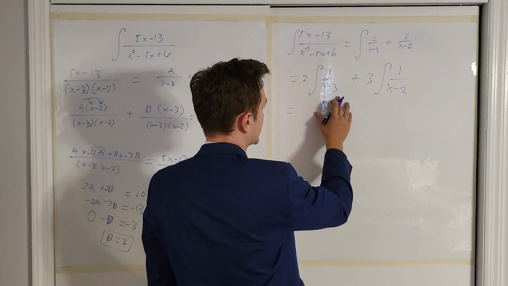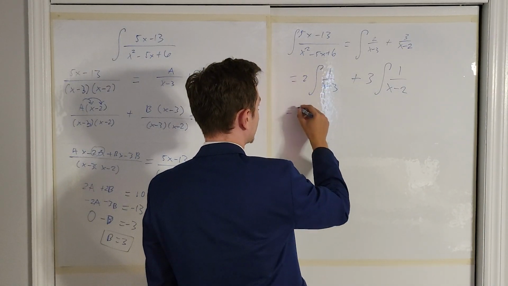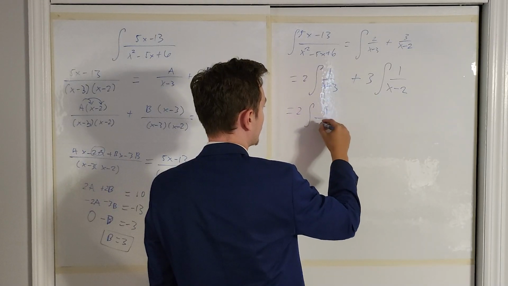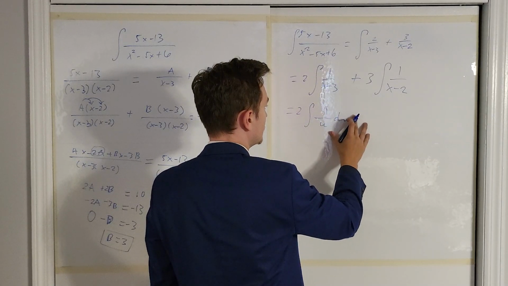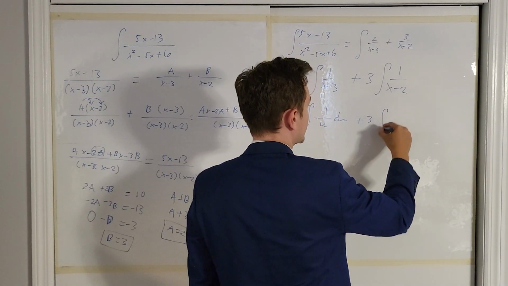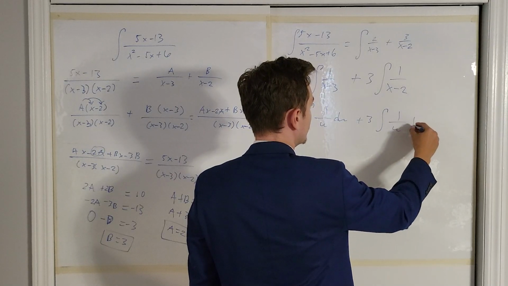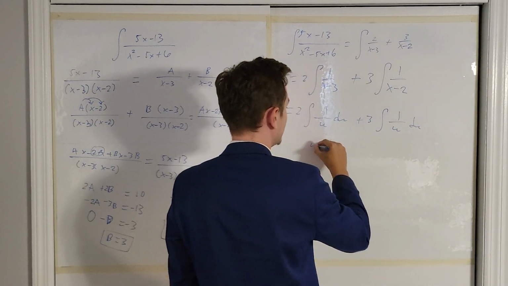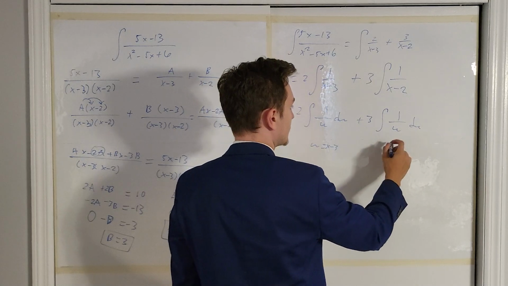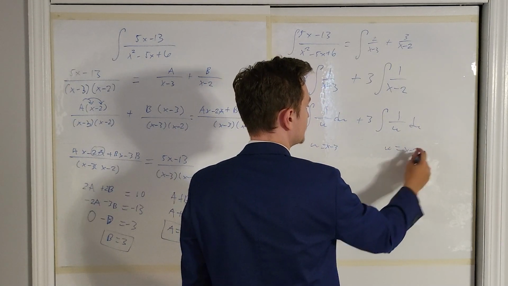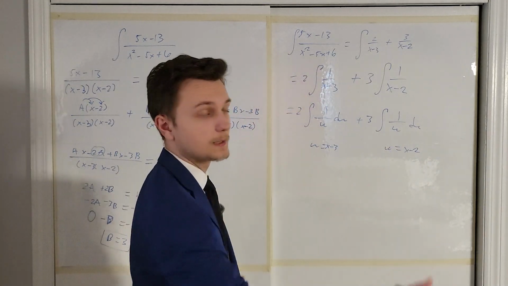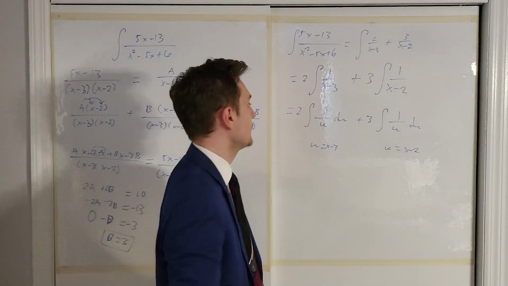I'm going to set u equal to x minus 3, 2 times the integral of 1 over u du, plus 3 times the integral of 1 over u du. In this case, u equals x minus 3. In this case, u equals x minus 2. If you want to watch the video on u-substitution, that's going to be linked right up there.